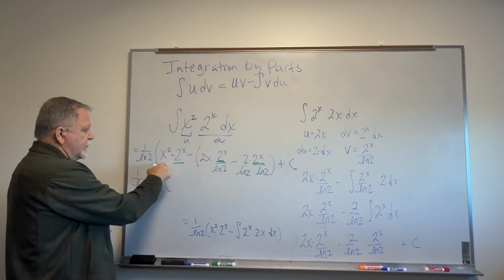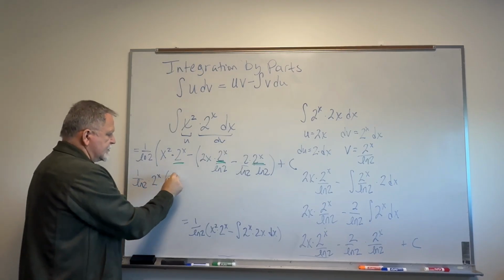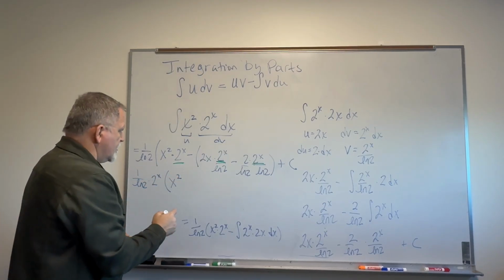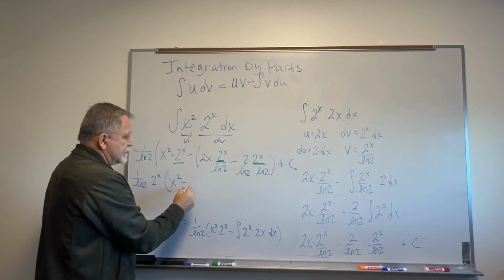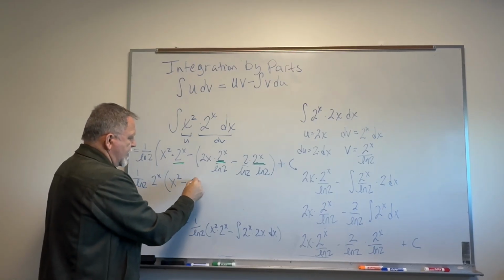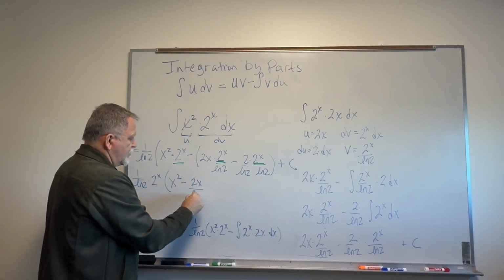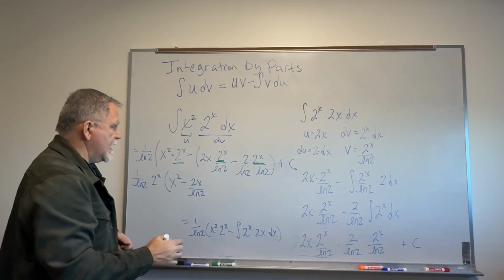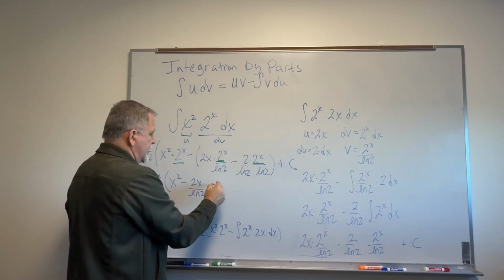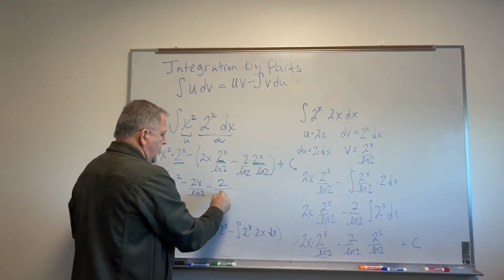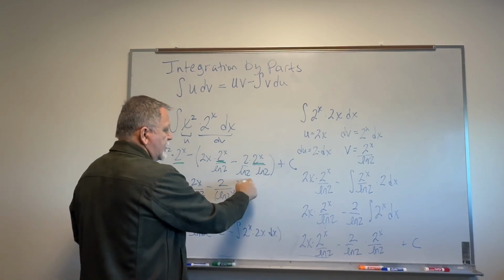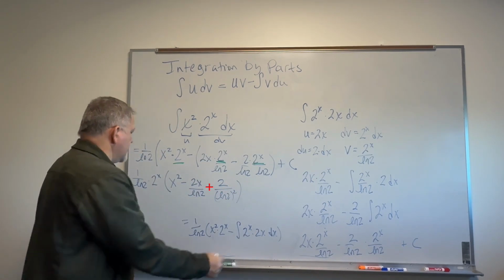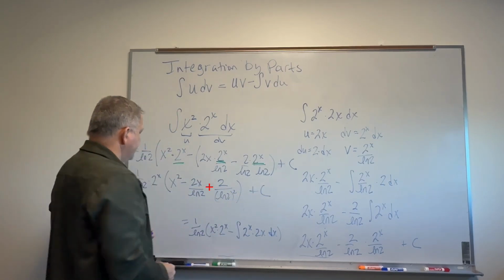That leaves me with this piece is going to be x squared. For this piece, it's going to be minus 2x all over the natural log of 2. And for this piece, it's going to be minus 2 all over the natural log of 2 squared. That's what we saw there. And then plus the constant.